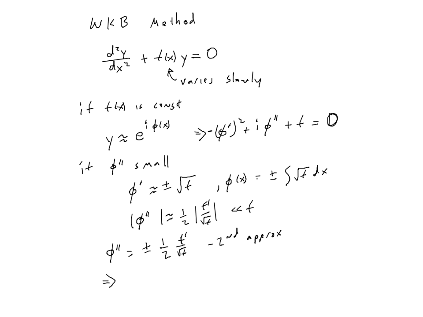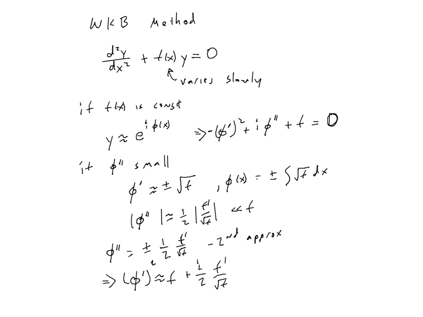Now, if phi double prime is equal to that, you can do an integral of it, and you can see that phi prime squared should be equal to f plus i over 2 f prime over square root of f. Or sorry, that should be squared.